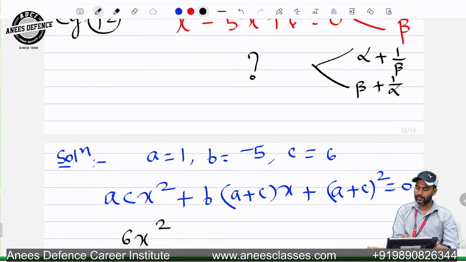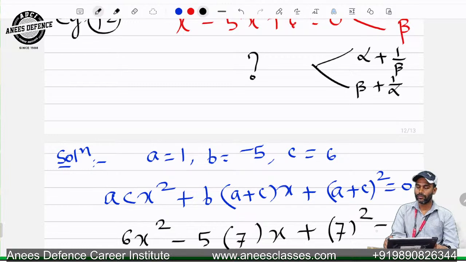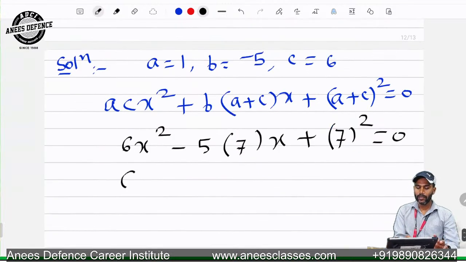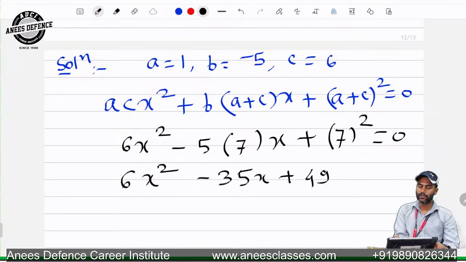So the answer would be 6x square minus 5 times, what is a plus c? 7. Into x plus 7 whole square. The final answer would be 6x square minus 35x plus 49 is equal to 0. I hope you understood that.